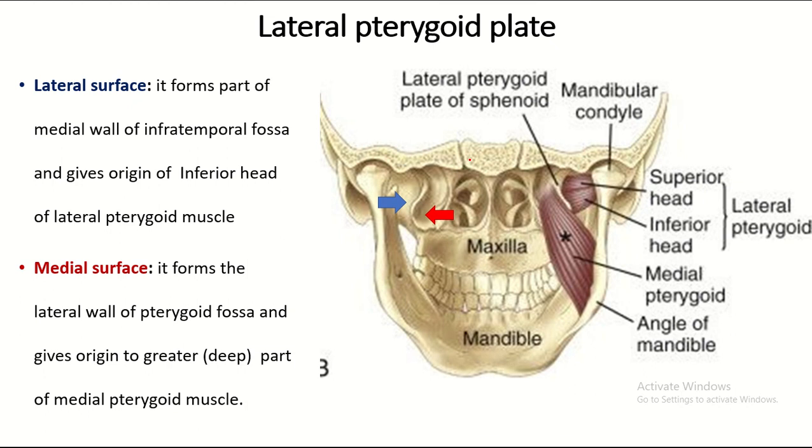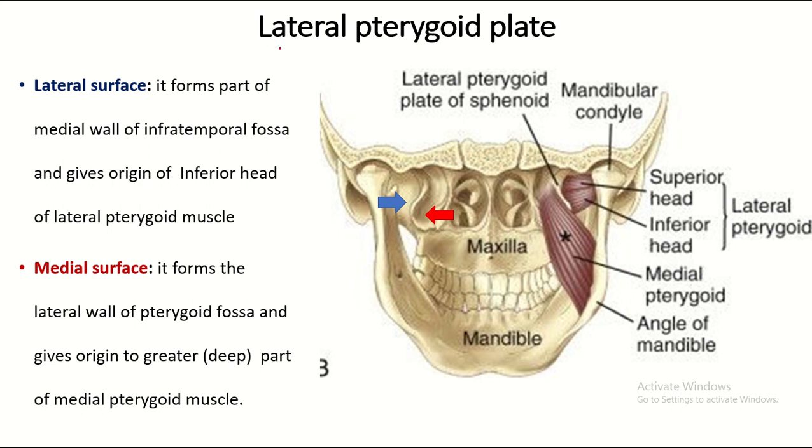The lateral surface of the lateral pterygoid plate gives origin to the inferior head of the lateral pterygoid muscle, and the medial surface of the lateral pterygoid plate gives origin to the greater part of the medial pterygoid muscle.